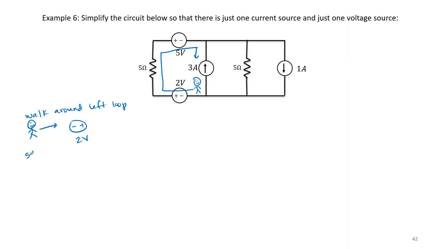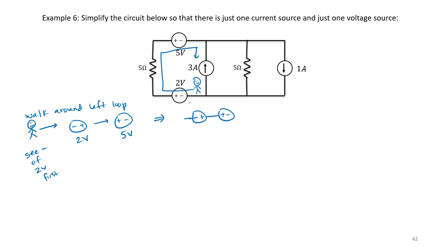Notice I see the negative terminal of the 2 volts first. And then if I keep going, I will see the positive and then the negative of the 5 volts.